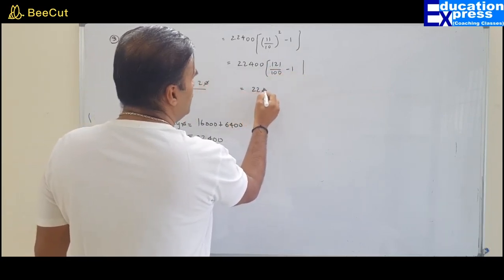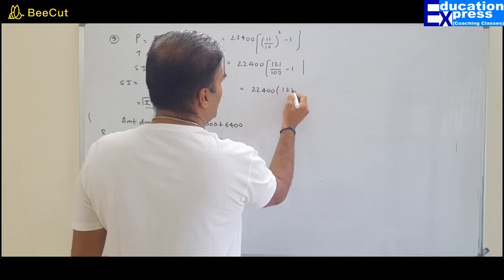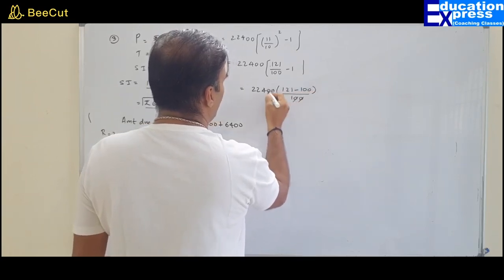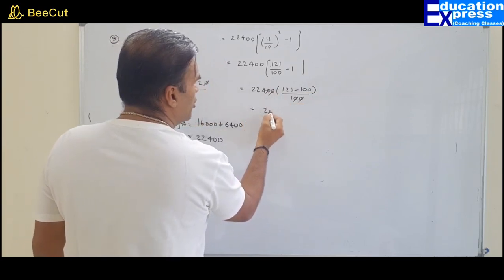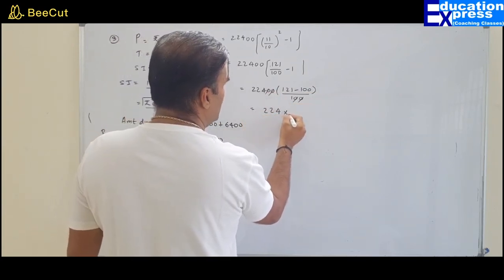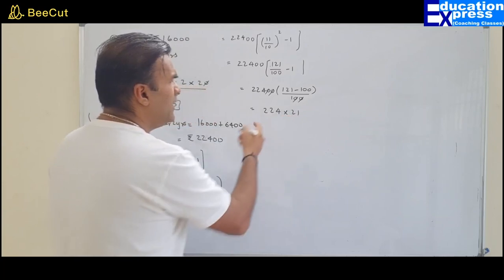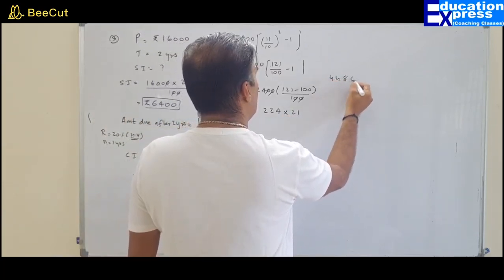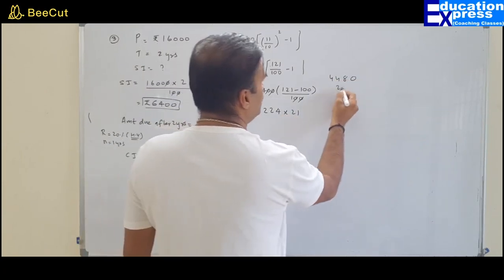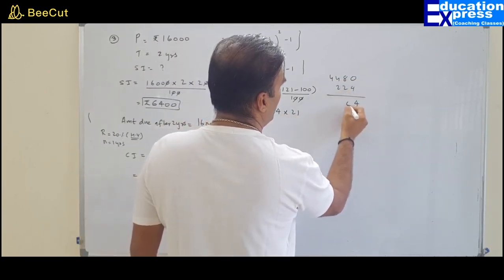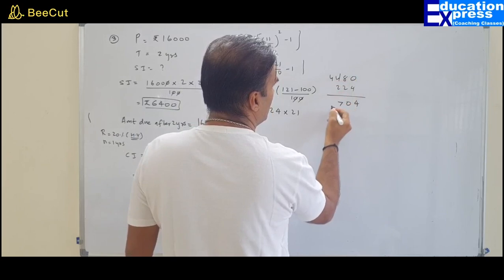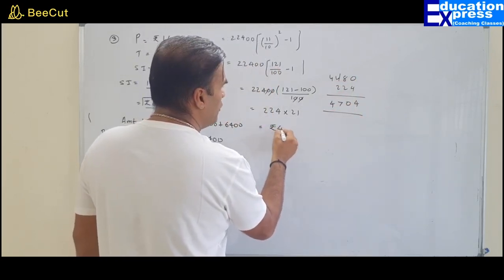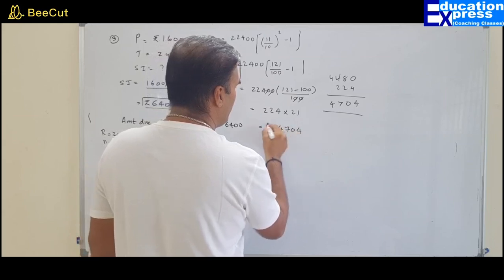That is 22,400, 121 minus 100 upon 100. So, 224 into 21. Can we find this out? Of course, sir. 448, 0 and 224. So that works out to be rupees 4,704.